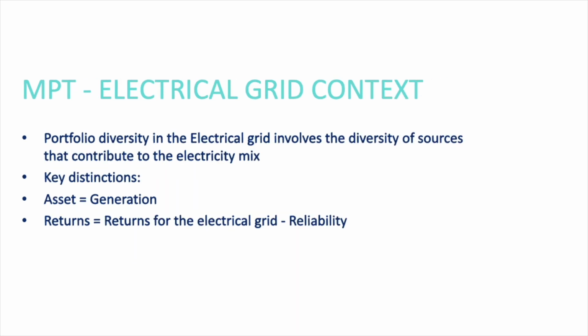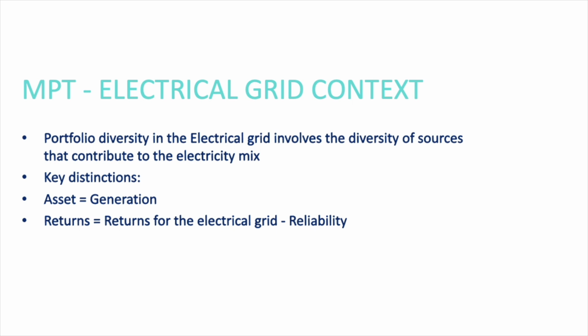Here's a quick introduction to the context of the electrical grid, since we're using this approach to understand the electrical grid. Here are the distinctions. In the financial domain you have assets, but here we've considered the generation as the asset.